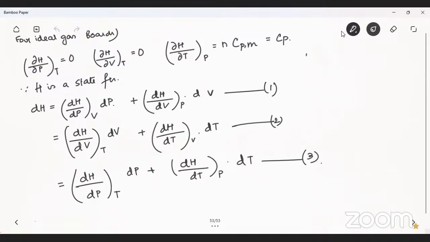Since we know H is a function of PV, of VT, and of what is left, PT, then we can write like this in mathematical terms. By pure differentiation, we can write like this. Is this part clear?